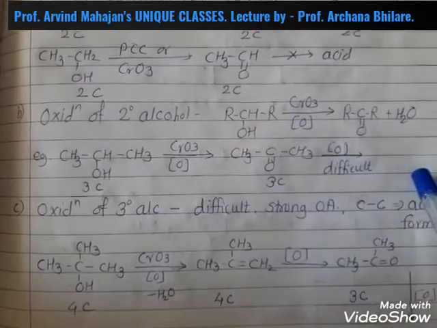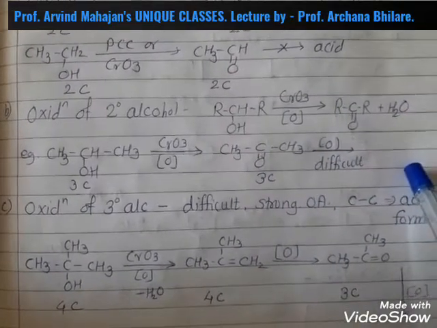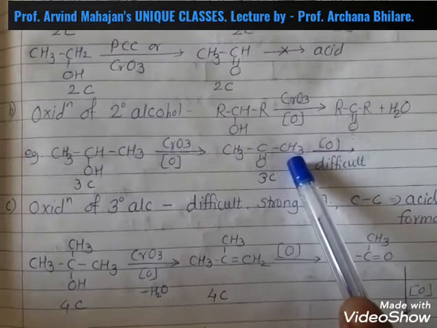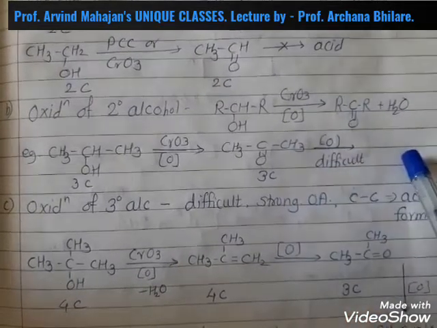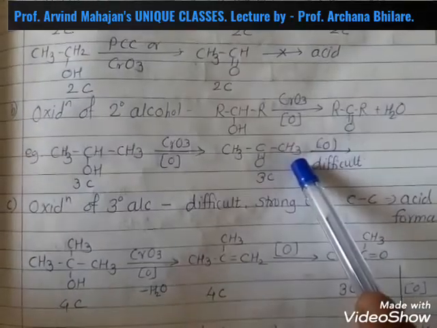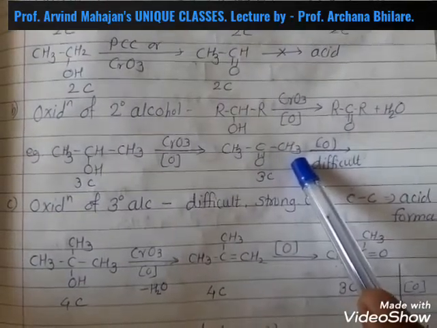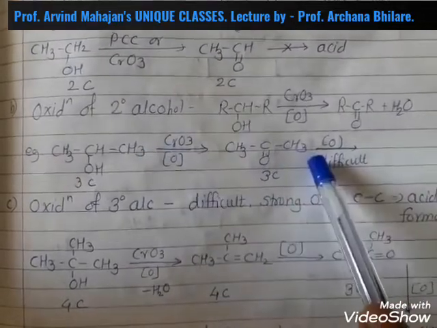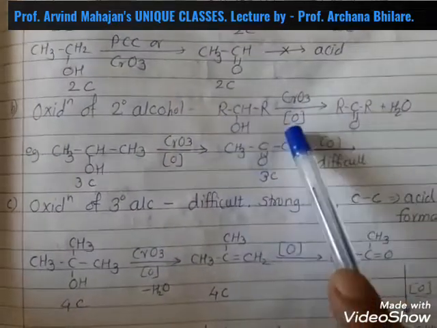And if we oxidize it further, I am just telling this for MCQs, if we oxidize ketone further, then we will get an acid having fewer carbon atoms than present in the ketone or secondary alcohol. This is a ketone having 3 carbons.